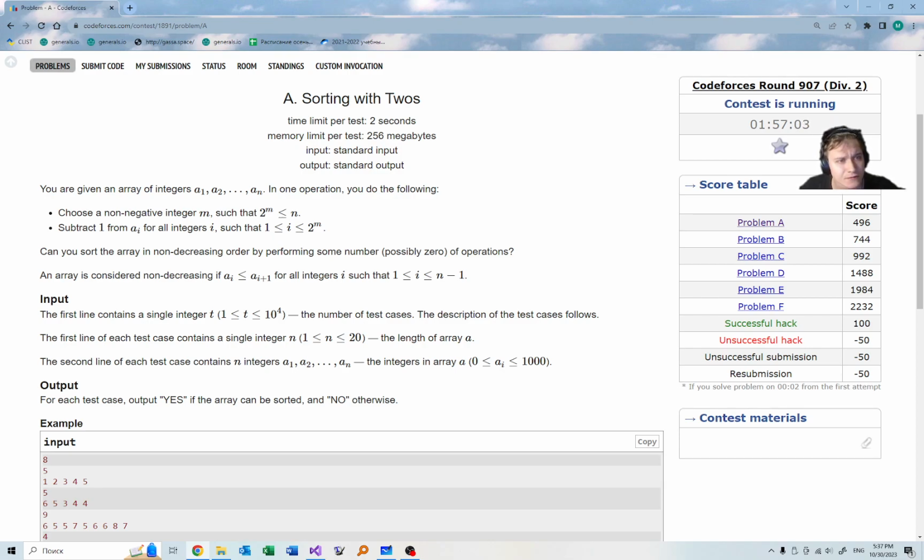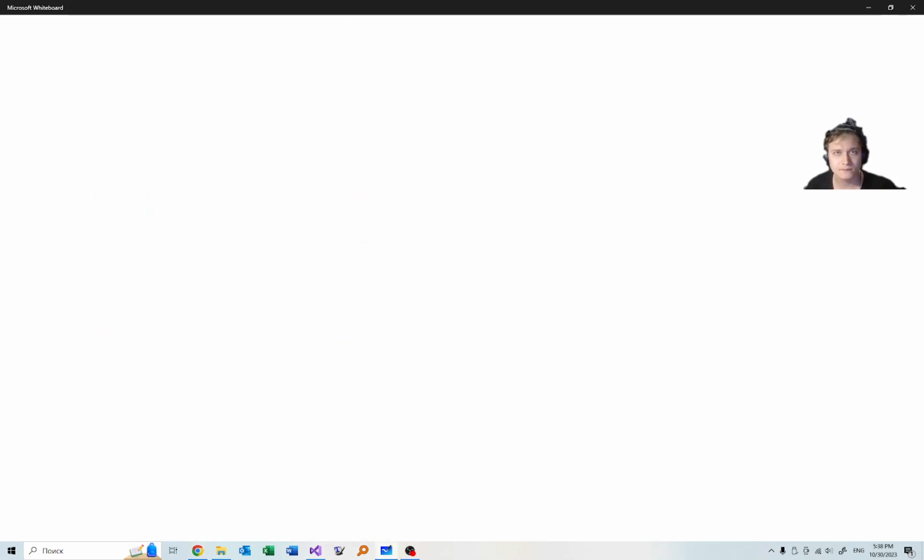We can choose m, where 2 to the m is at most n, and subtract 1 from all numbers which are at most 2 to the m, for all indices. This simply means that we can subtract 1 from a prefix.